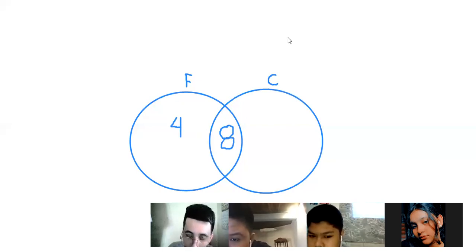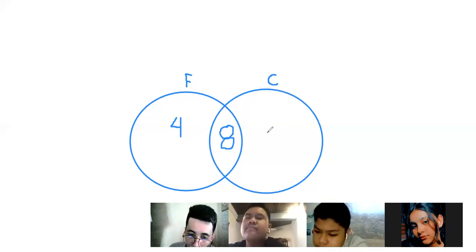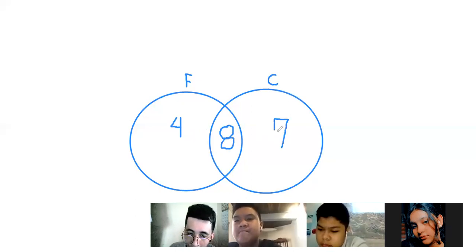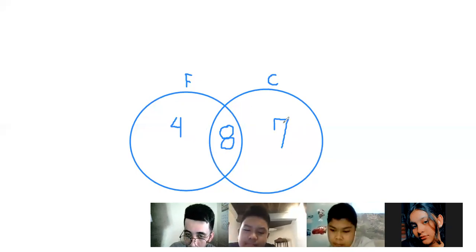Okay? So sabi pa dito, 15 prefer Chinese language. So how many numbers are we going to write here? It is 7, because 8 plus 7, that is 15. So 7 students are taking pure Chinese language.